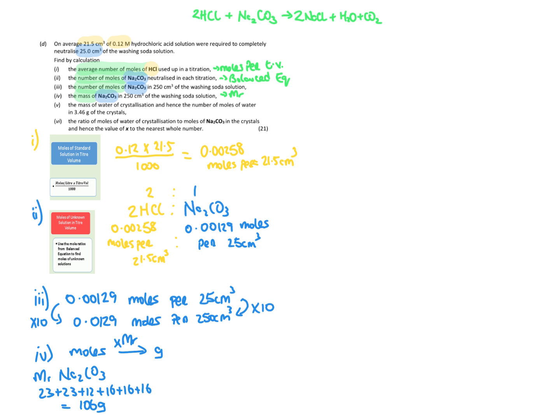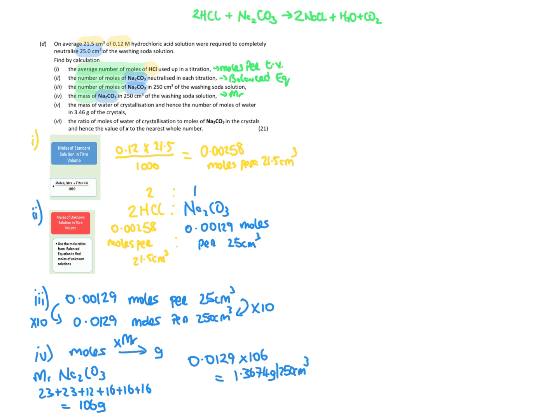So that is the molecular mass of your sodium carbonate. And this is anhydrous sodium carbonate. So what we do is we get our 0.0129, we multiply that by 106, and that gives us 1.3674 grams per 250 centimeters cubed, and that is the answer to part 4.